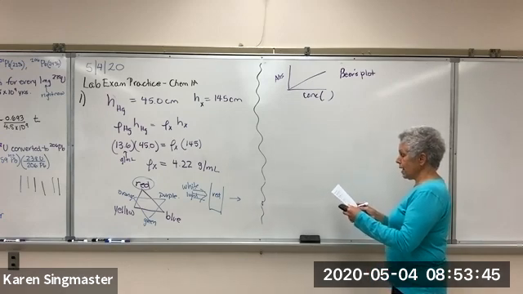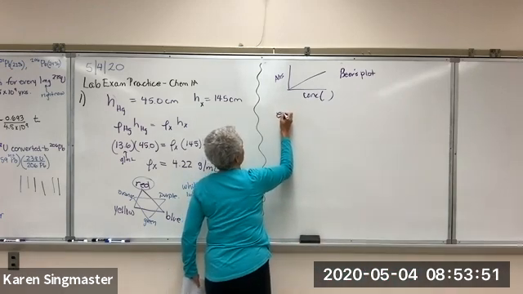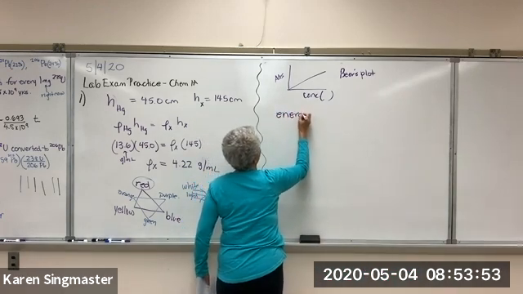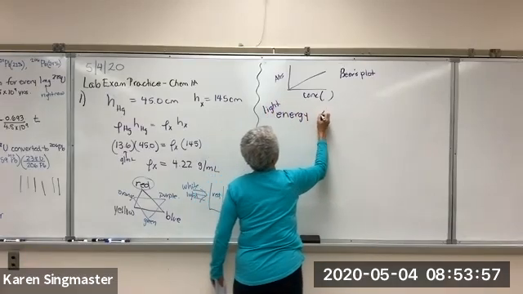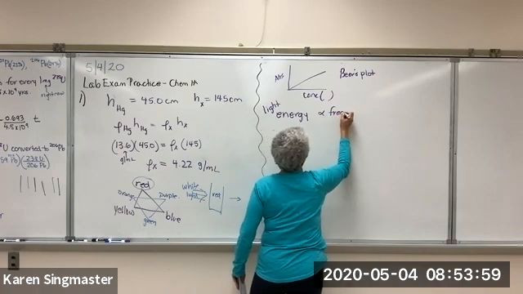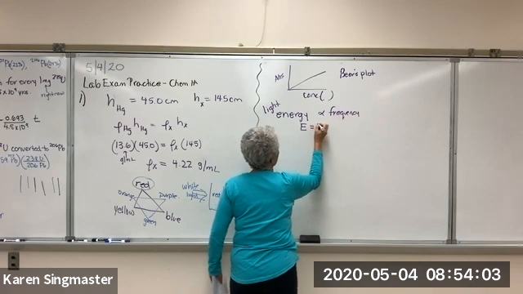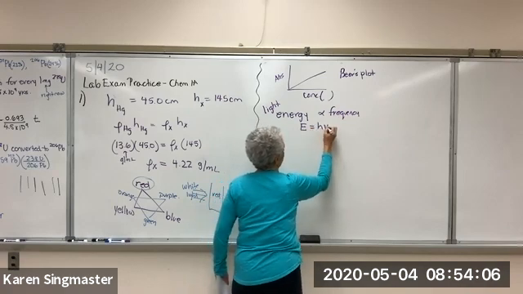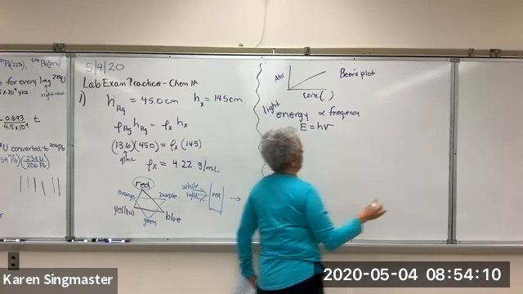Which will correspond in the emission of light of the shortest wavelength. So energy for light is proportional to frequency, right? That's why E equals h nu. So if this goes up, that goes up.